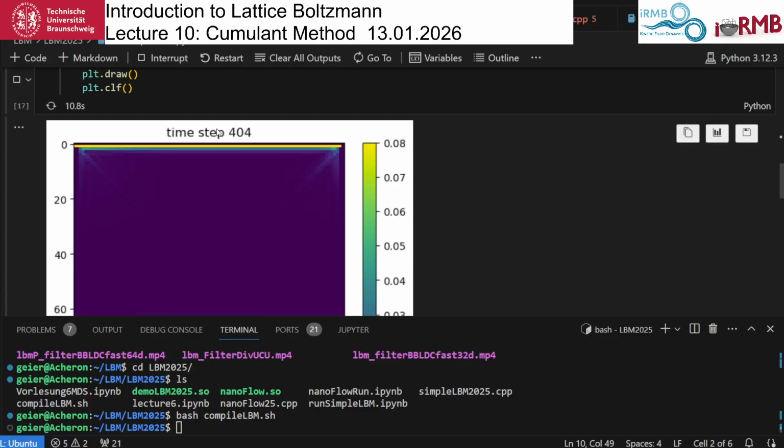And the problem with low viscosity is that it takes longer, yeah, because it takes longer for stuff to get into the domain.